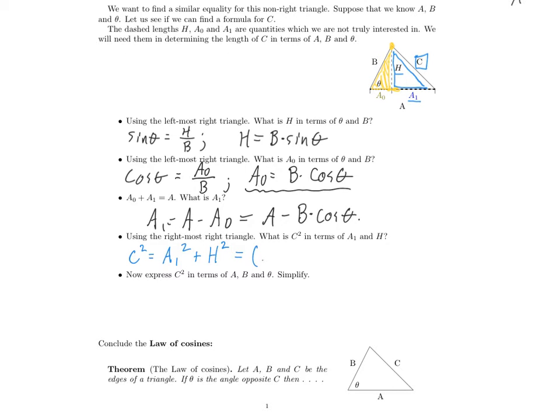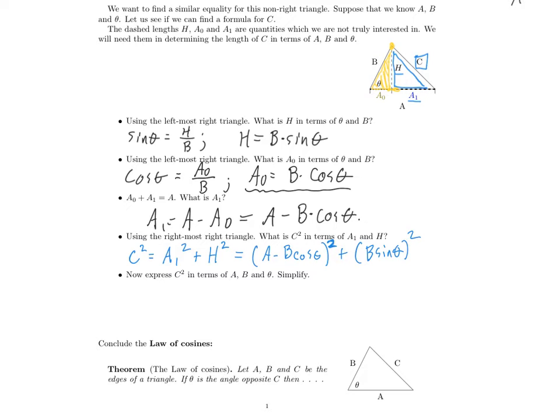So a1 is a minus b cosine theta, squared, plus h squared, where h is b sine theta, squared. So on the one hand, this gives us the formula we wanted. There's a formula that will tell us the side length c in terms of the side lengths a and b and theta. Now, that formula is obviously more complicated than it needs to be.